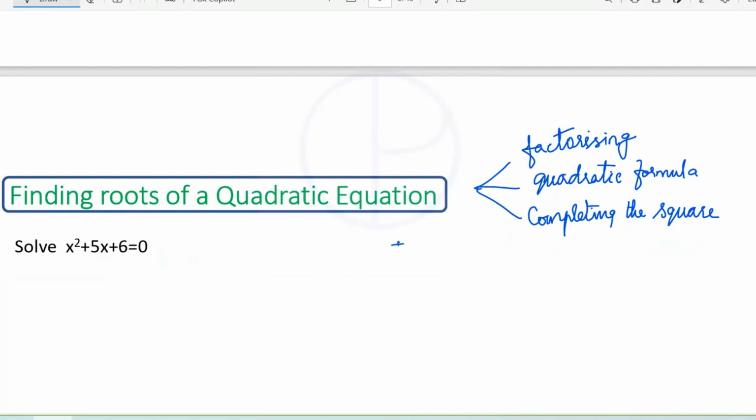Sum should be 5 and product should be 6. If you multiply 2 and 3, you will get 6. 2 plus 3 gives 5. So the result will be, by using factorization, x plus 3 multiplied by x plus 2 equal to 0.